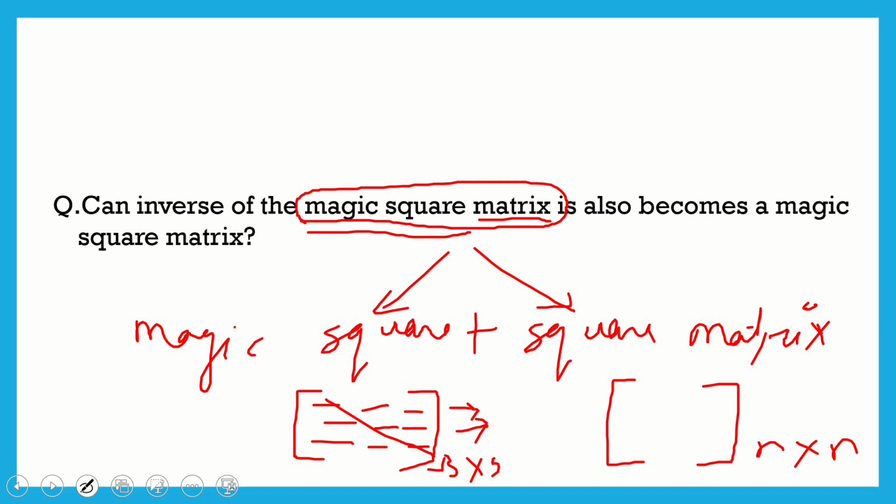It is a 3 by 3 matrix and it is also a square matrix. So a magic square matrix means we are just taking the magic square as a matrix, because it obeys the condition of the square matrix.